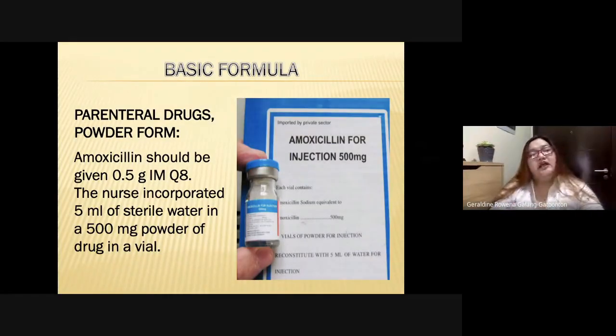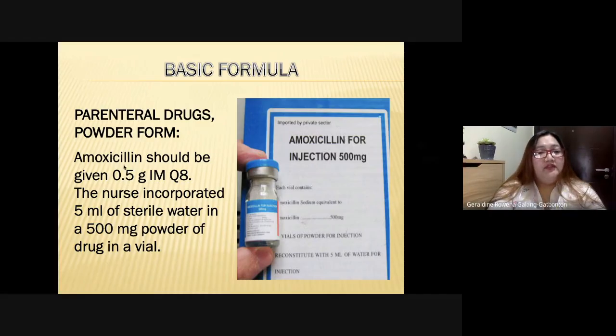Parenteral drug din siya, but it comes in powder form. Hindi siya commercially prepared na liquid form. Obviously, you cannot administer a powder form ng parenteral. Principle of the pharmacotic phase. Kailangan ng gawing solution.